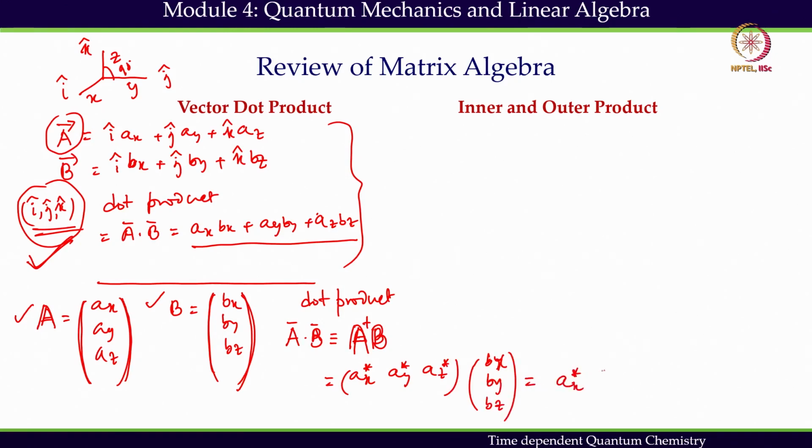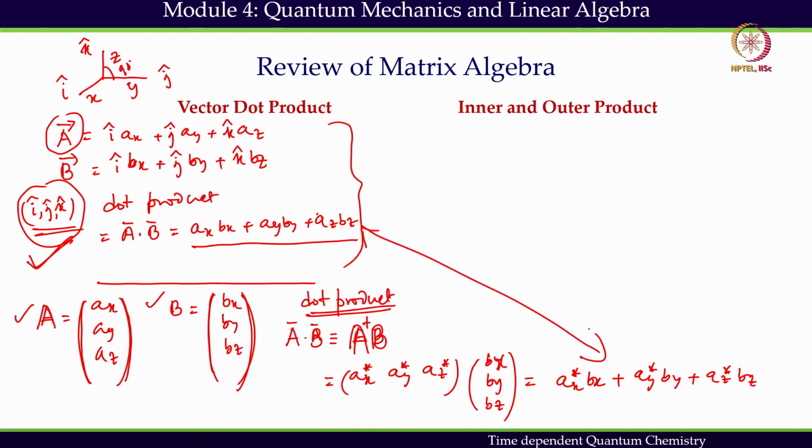Ax star Bx plus Ay star By plus Az star Bz, and that is the definition of the dot product of two matrices, which you get here as an equivalent expression.